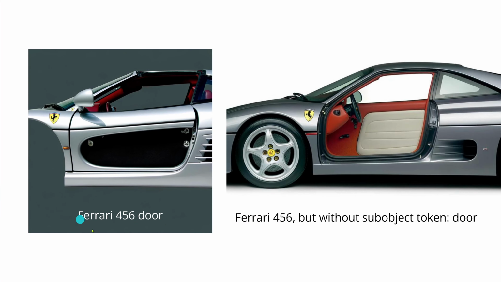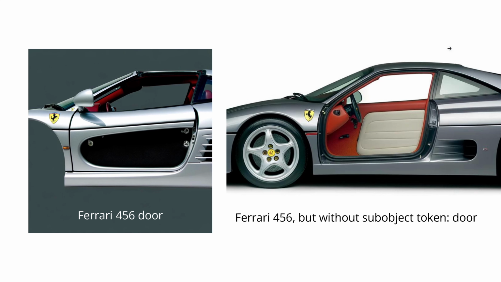Now you can say, hey, Ferrari 456 door, and you get this. Or you say, without the sub-object token, left side door, and then you have your Ferrari, but exactly the door is missing, since it's now a sub-object token. So you see, a completely new technology, beautiful, but so brand new that nobody has implemented it till today.